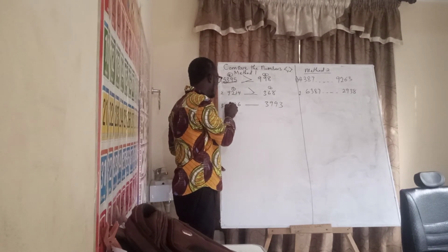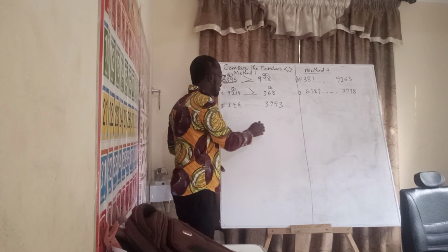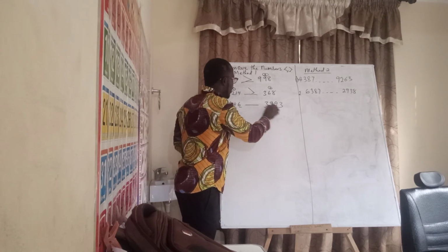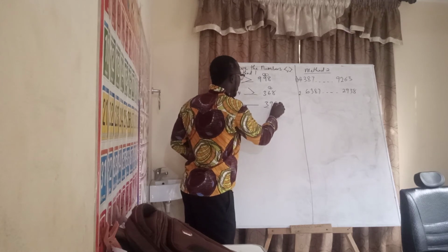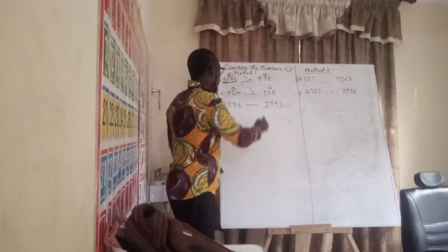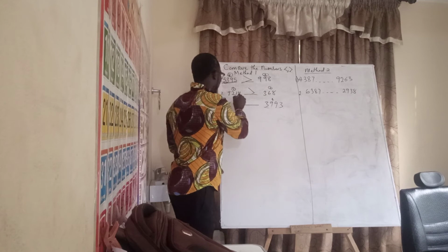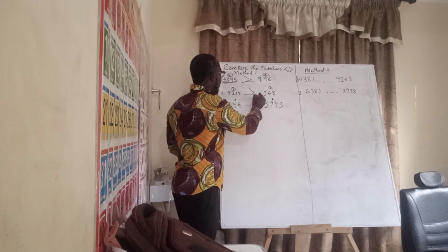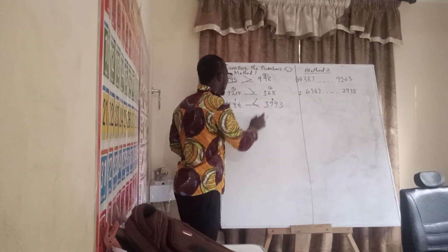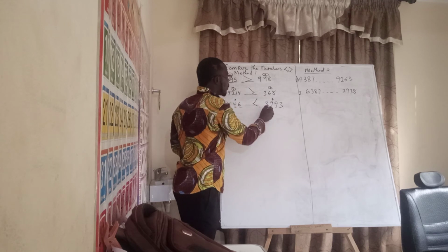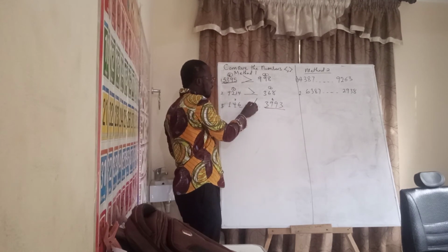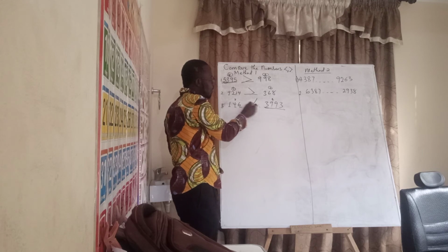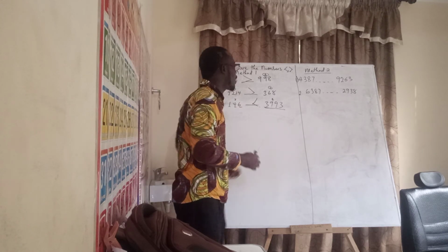You realize that this is 146 and this is 3,993. This is 4 digits and this is 3. So this one is bigger, and so we open the mouth towards the bigger value, and then for the smaller one we have just a small opening, pointing towards the small value.